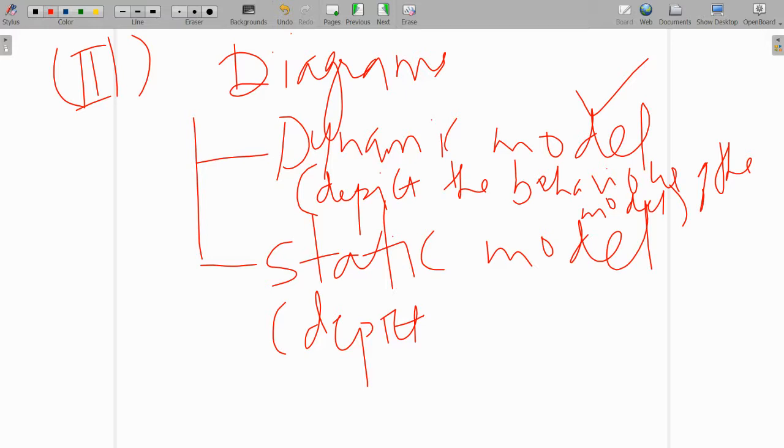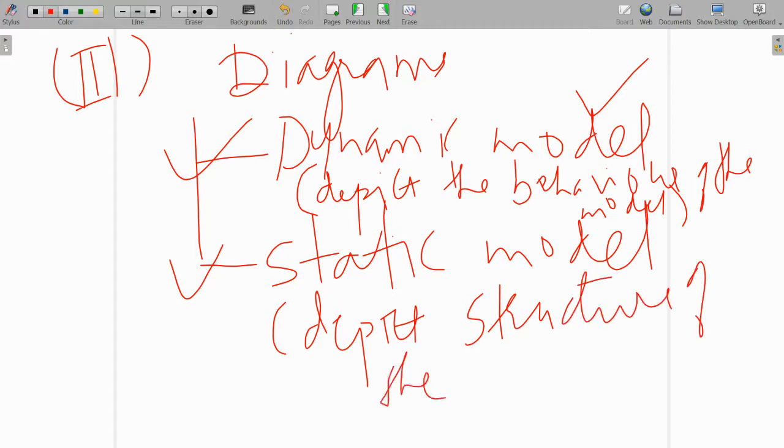So your structure model is stable, but the behavior can change, so it is called a dynamic model. So the static model will depict the structure of the model.